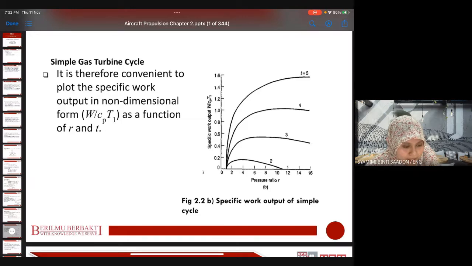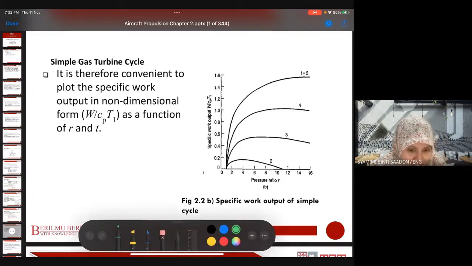For a low ratio of temperature t, there is a peak value of specific work output for a certain value of pressure ratio.